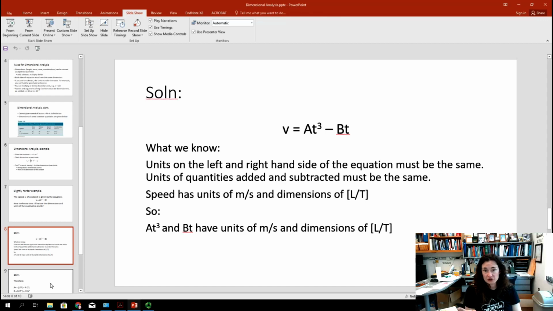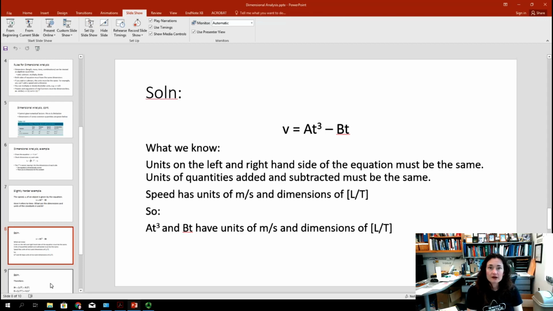Now, what are those units? Well, the SI unit of a speed is meter per second, and the dimensions of the speed are length per time. So that means that v has to have units of meters per second, at cubed has to have units of meters per second, and bt has to have units of meters per second. They all have to have the same units and the same dimensions, okay?